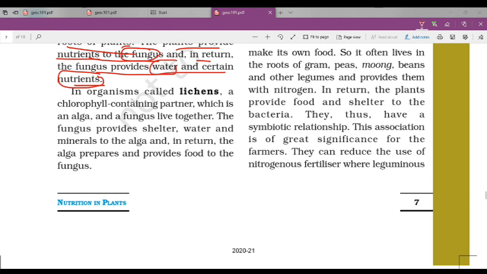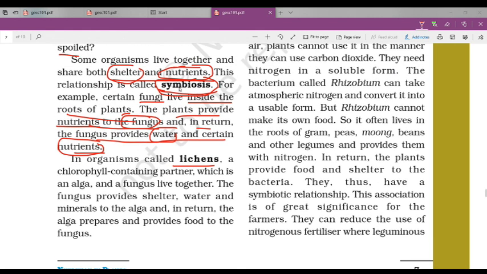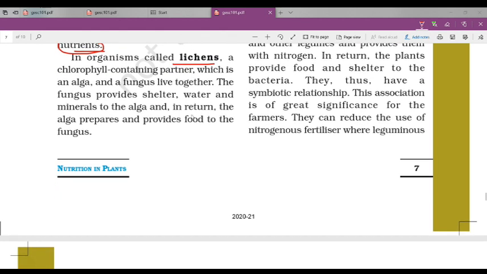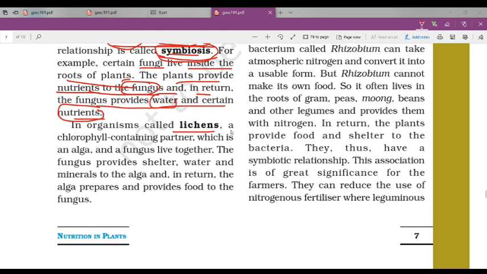Next are organisms called lichen. Lichen is a special group of organisms which live in a symbiotic, mutual relationship. What are the members in lichens? A chlorophyll containing partner, which is algae, and fungus live together.